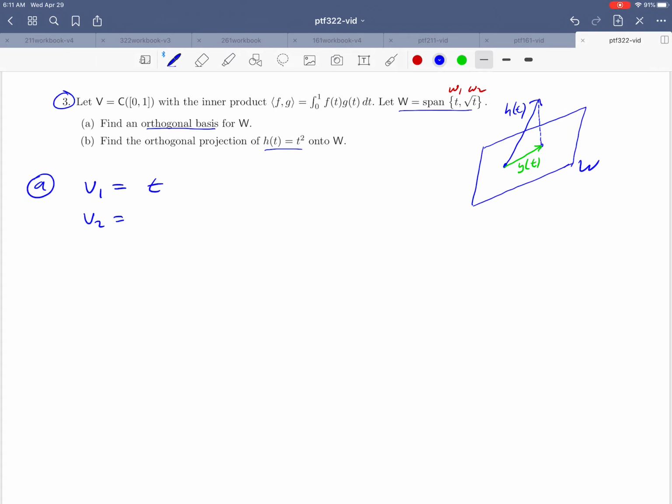Then V2, we had a formula for calculating that, which looks like W2, the square root of t, minus the inner product of W2 with V1, over the length of V1 squared, times V1.